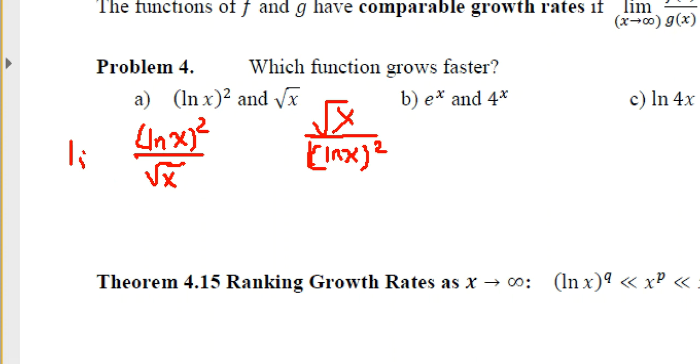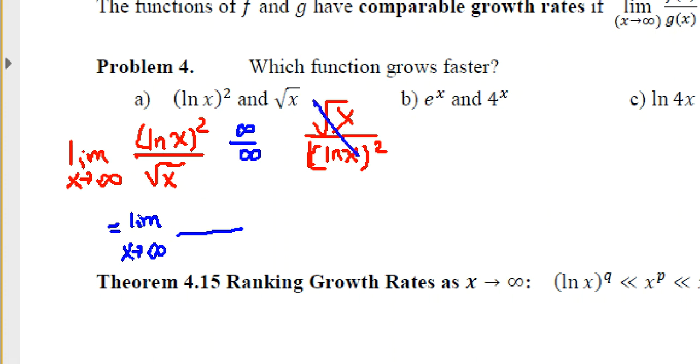So now look at the limit as x approaches infinity. It's already known that both are approaching infinity, infinity over infinity. So we use L'Hopital's rule to find this limit. Let's do that. I'm just working on the first one. I'm not going to work on the other one; I absolutely suggest you try that.